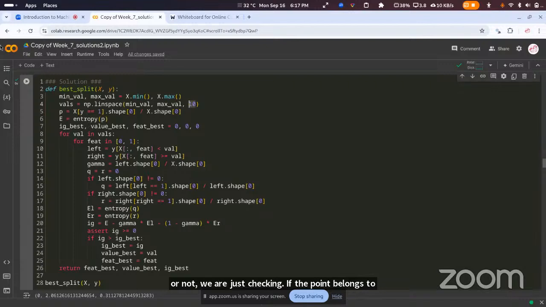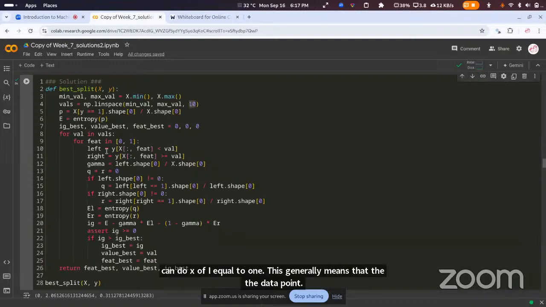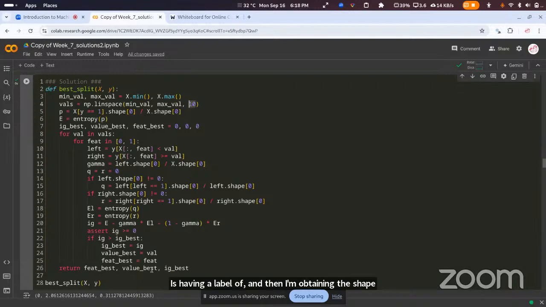So P is going to be x of y equal to 1. In NumPy, you can do x of y equal to 1, which generally means that the data point has a label of 1, and then I'm obtaining the shape of it, that is shape of 0. This just says how many data points belong to class 1, and we are dividing it by the total number of data points. After doing this, I'm finding the entropy of P.